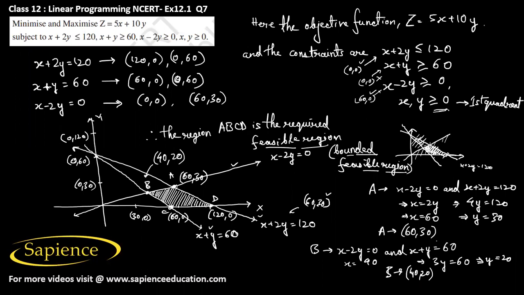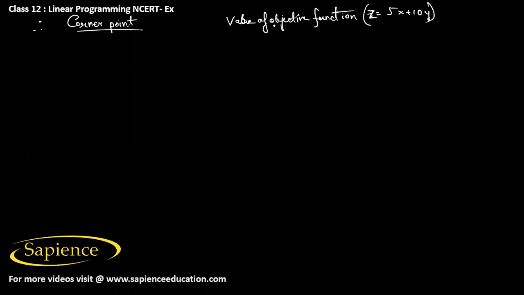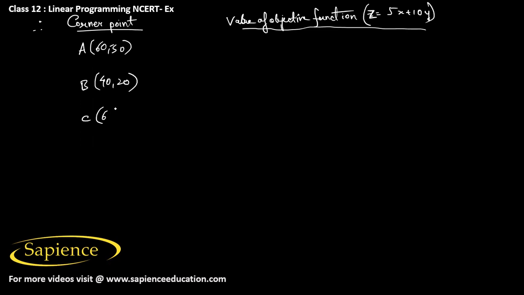So the corner point A is 60, 30, and the point B is 40, 20. Point C is 60, 0, and the point D is 120, 0.